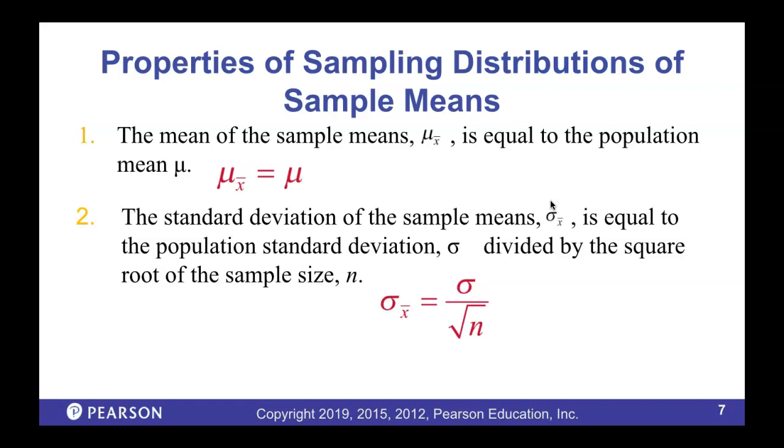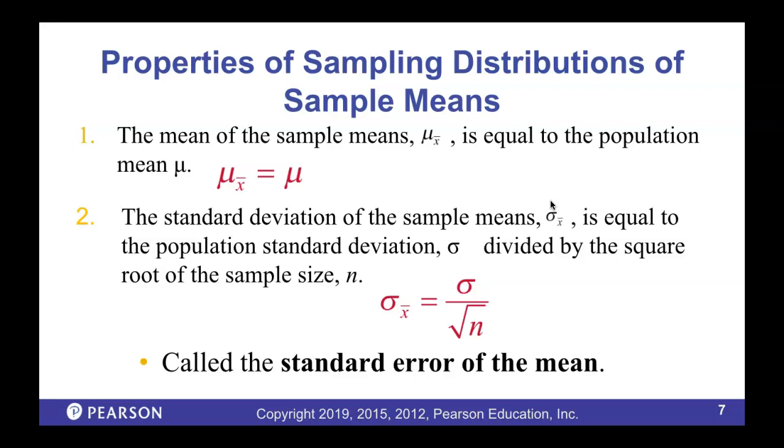So what you're going to do is this. If you know the population standard deviation, or if we can estimate it, to find the standard deviation of the sample mean, we divide it by the square root of the sample size. And don't worry, we will look at some examples together. So these are the two formulas.